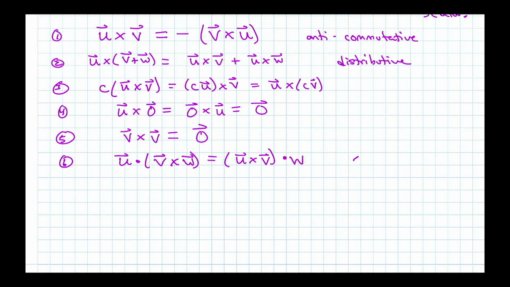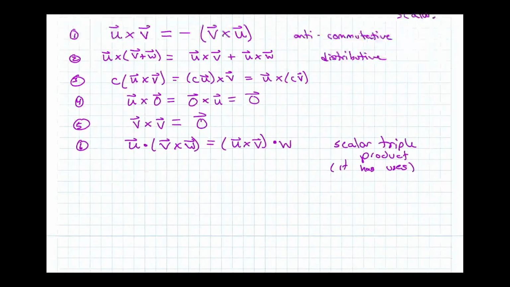This is called the triple scalar product, or scalar triple product. It has uses, so that's why we write it down. So there you go. Those are your properties.